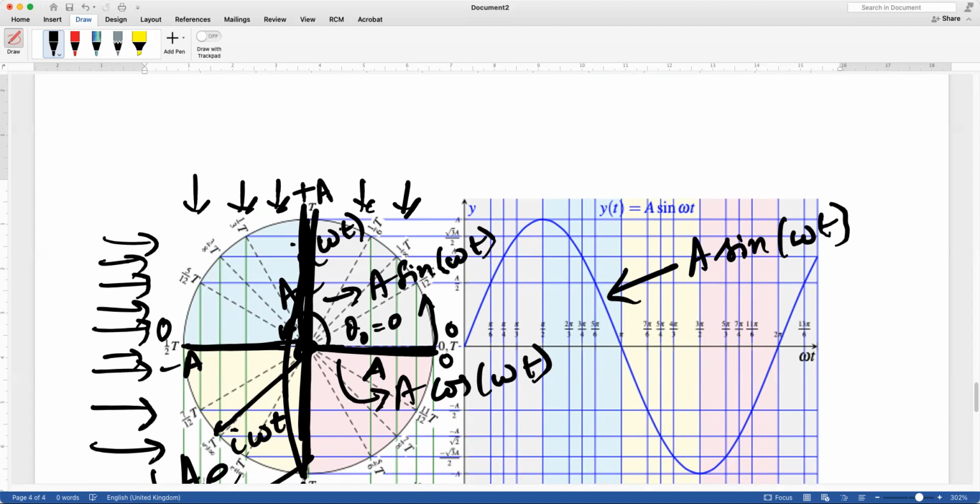Whenever the path difference gives a phase angle difference of 0, they are at A and A, so it becomes double the amount. Whenever they have a phase difference of pi, A minus A becomes 0. So that is where we have the interference pattern: bright band, dark band, and it goes like that.